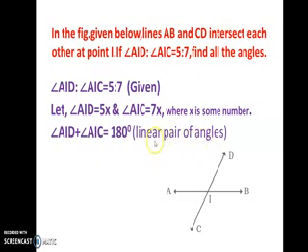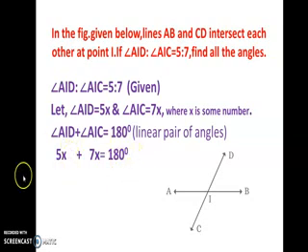So let me take angle AID plus angle AIC is equal to 180 degrees by using linear pair axiom. And you know that angle AID is 5x and angle AIC is 7x, isn't it? So substitute these values. Yes, it becomes 5x plus 7x equal to 180 degrees.